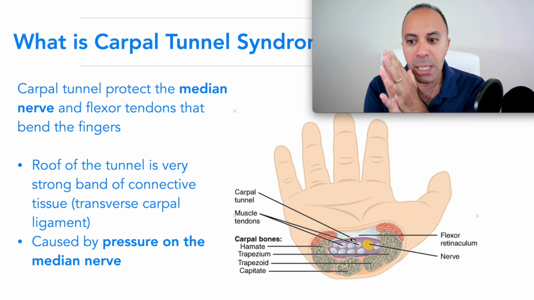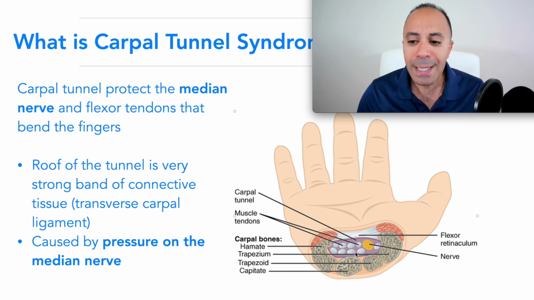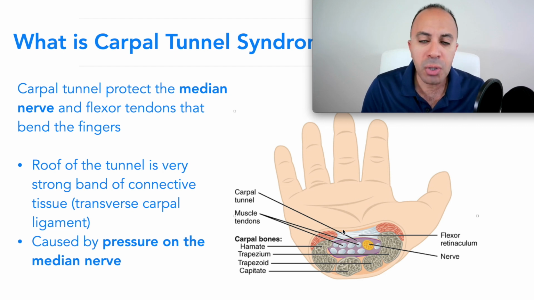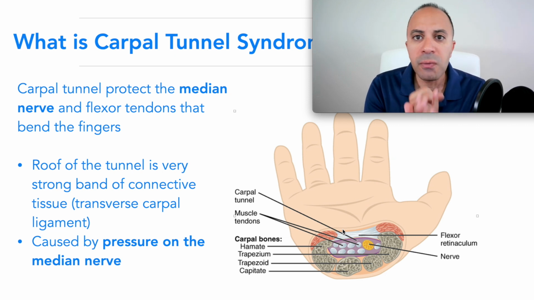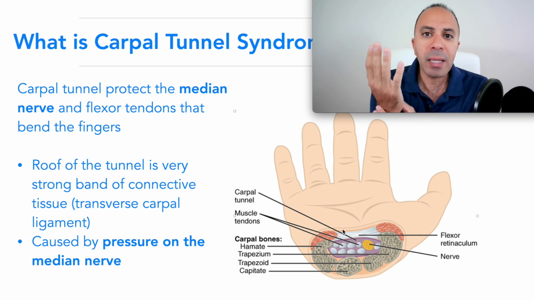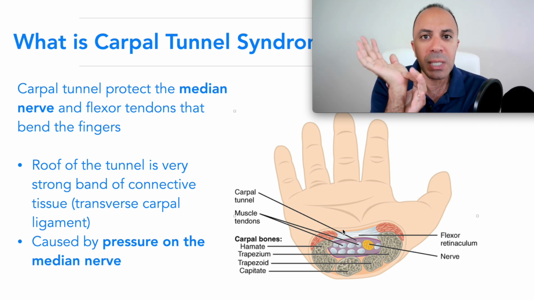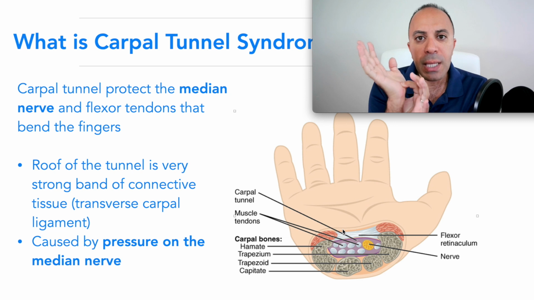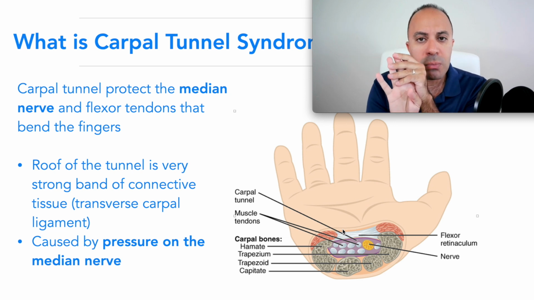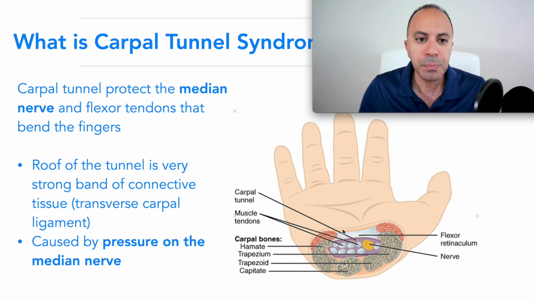In this area, you really don't have a lot of room. Even 1 to 2 millimeters of pressure, inflammation, or scar tissue will compress the median nerve, and that's when you start to have symptoms of carpal tunnel.